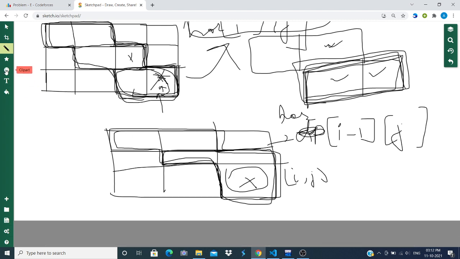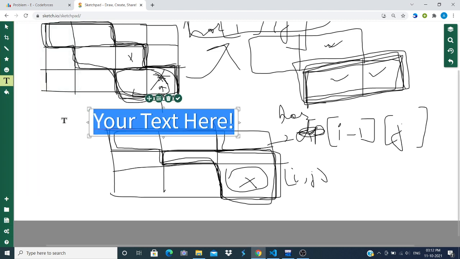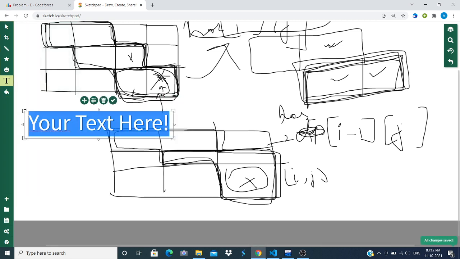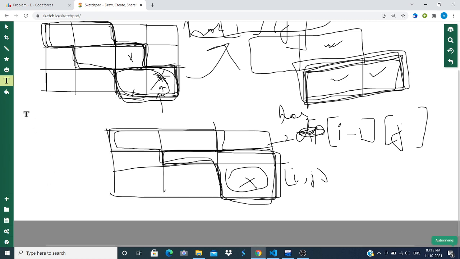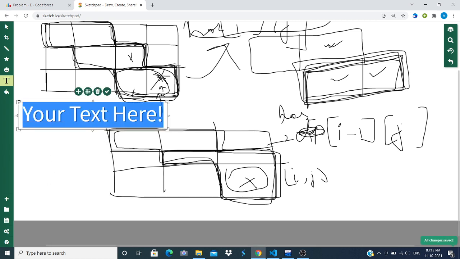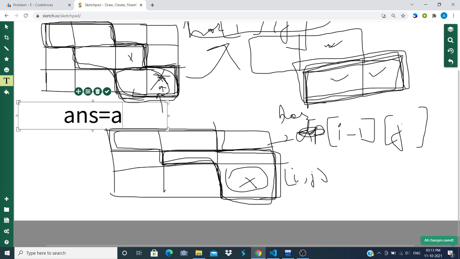So basically what our answer will be, right? You can say basically my answer will be something of this kind. Let me write it over here. So basically my answer will be equal to the number of free cells, right?